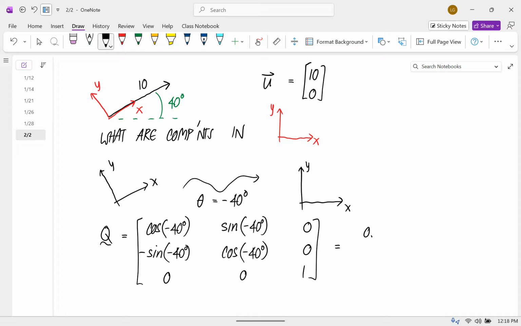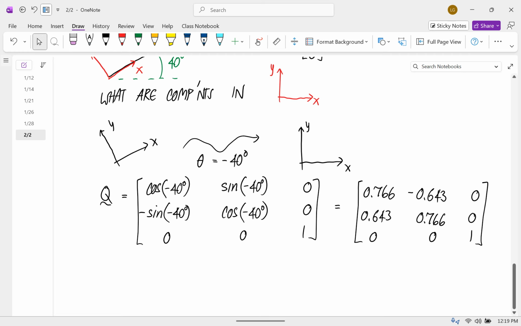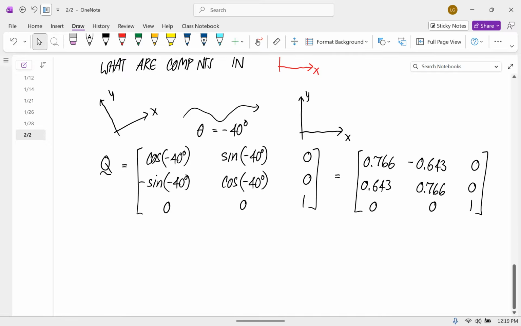And that comes out to be 0.766, negative 0.643, 0, positive 0.643, positive 0.766, 0, and then 0, 0, 1. And now we're just going to multiply.